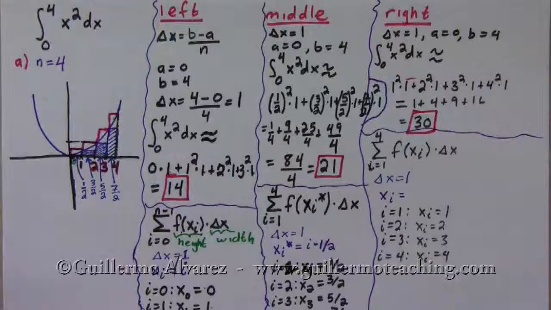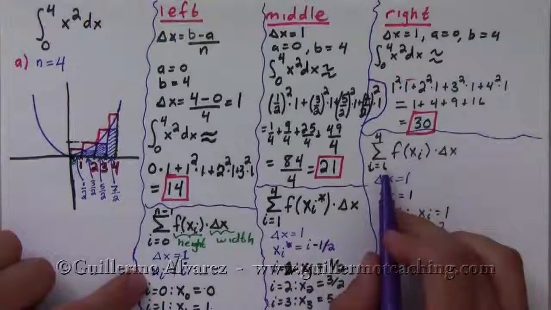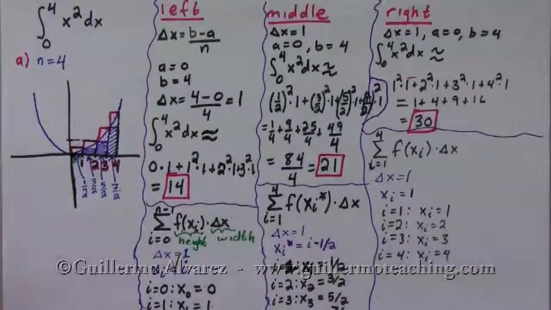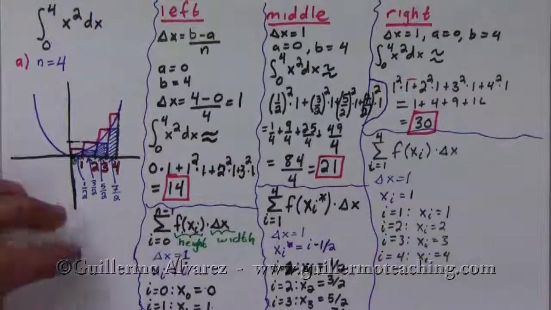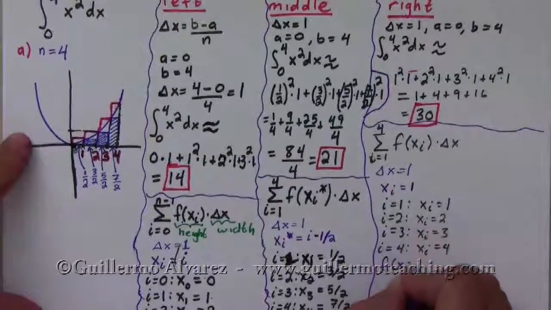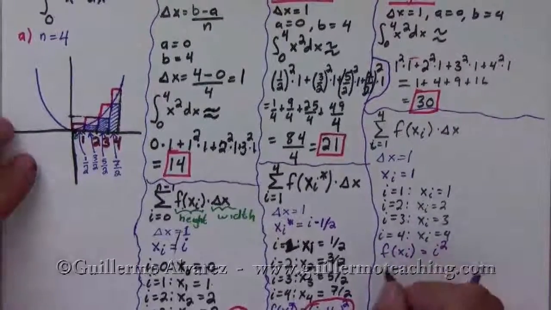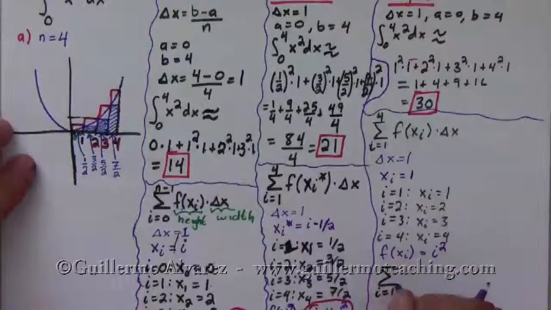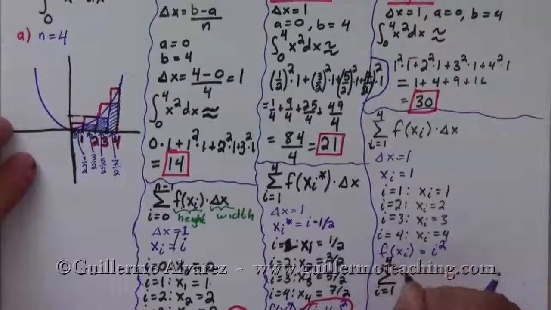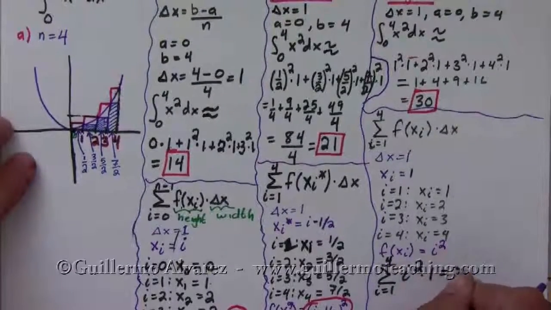And that's it. And so we notice that it turns out that x sub i for this one is exactly the same as for the left one. It's just that I'm starting off at a different index. So then that means that f of x sub i is equal to i squared. And so then what I have is the sum from 1 to 4 of i squared times 1, which is going to equal 30.